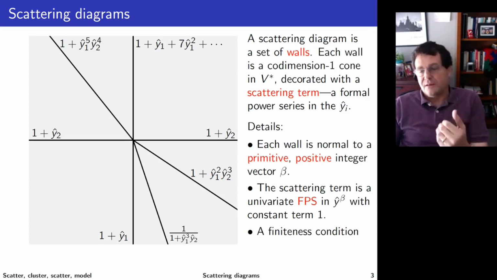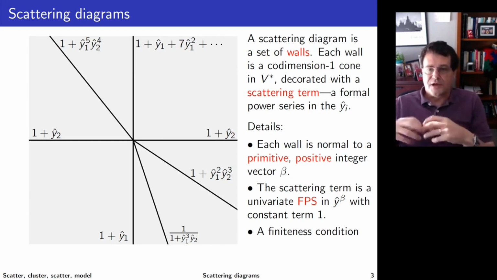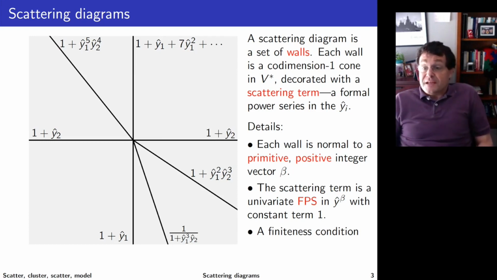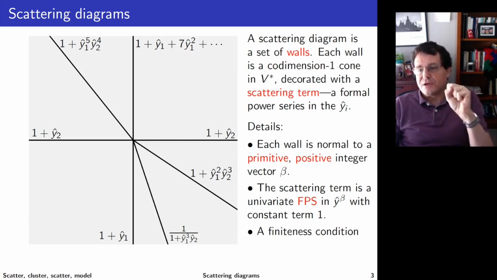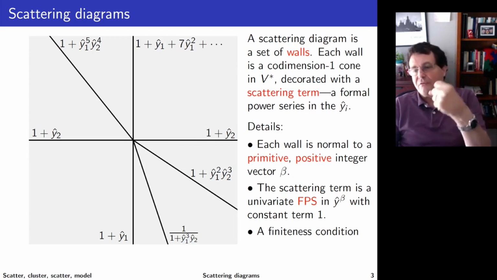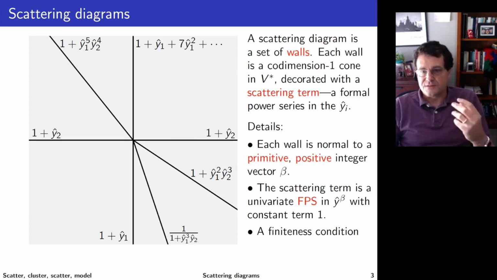We'll take a primitive one, meaning that there's not a smaller integer vector that's a scaling of it. The scattering term is not just a formal power series in all the y variables, but it's basically a one variable power series, because we take y hat to the beta as our single variable. So we have powers of y hat to the beta, where beta was this primitive normal vector to the wall.